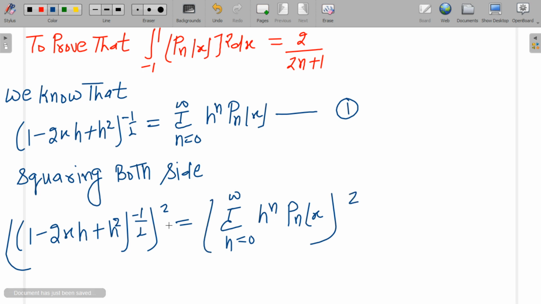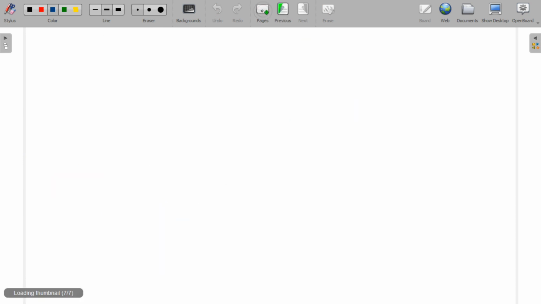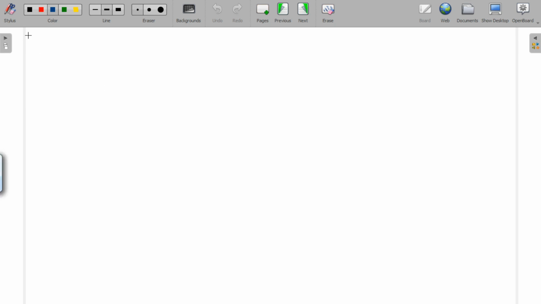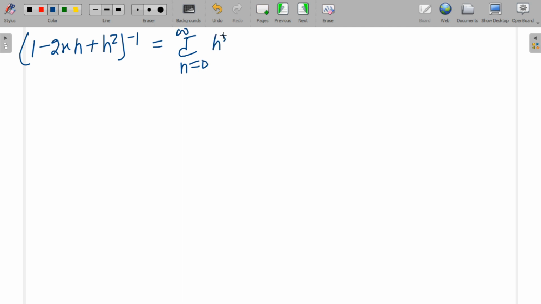From the index rule, this can be written as: the left hand side of equation 1, (1 - 2xh + h²) to the power -1, is equal to the summation from n = 0 to infinity of h to the power 2n into Pn(x) squared. Clear?